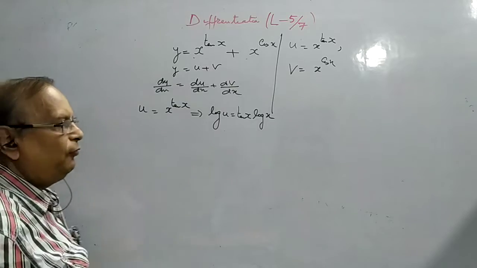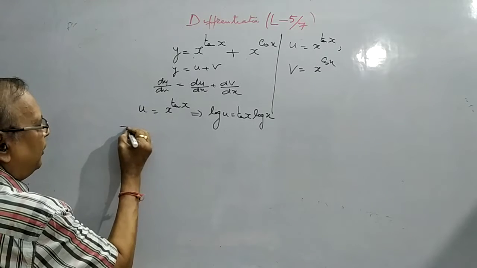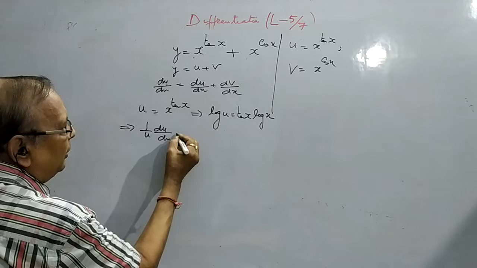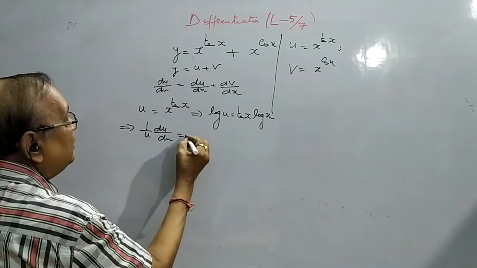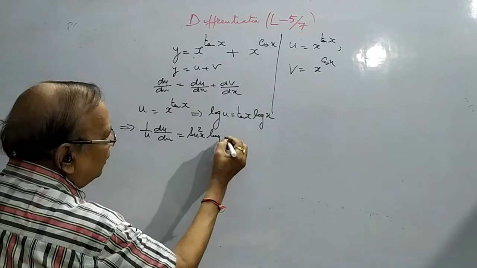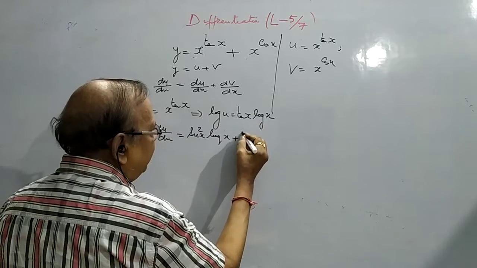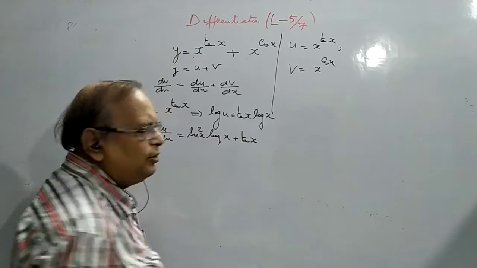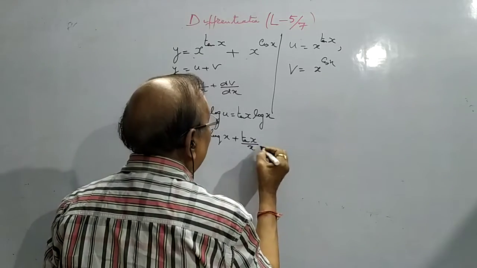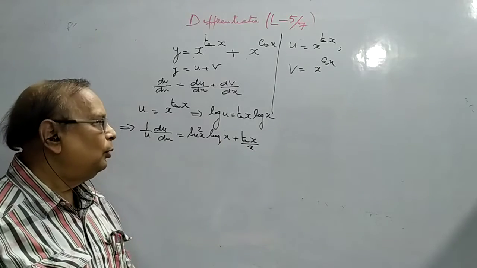Now, differentiating with respect to x both sides, what we get? 1 upon u du by dx is equal to differentiation of 10x, that is 10 sec square x, log x as it is, plus 10x as it is and differentiation of log x, that is 1 upon x. I have used chain rule and product rule.